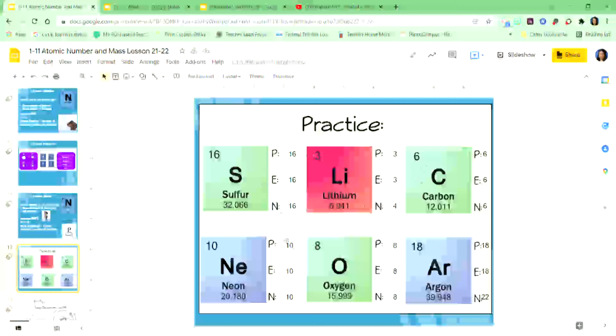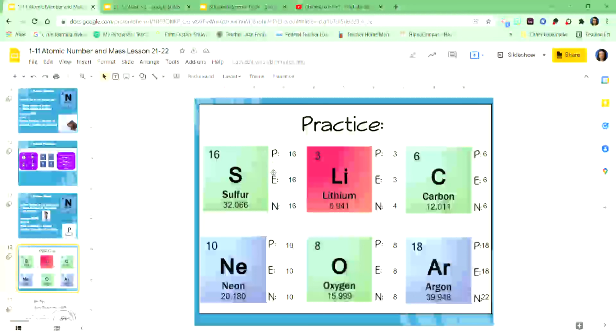Here's a little bit of practice right here. The first box, we would round the atomic mass to 32. We would take the mass, subtract the atomic number, and that would give you 16. So you have 16 protons, 16 electrons, and 16 neutrons.